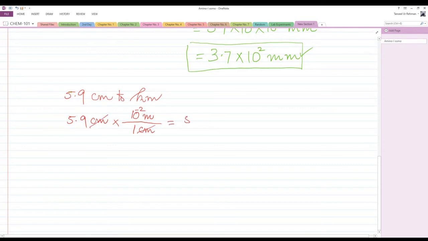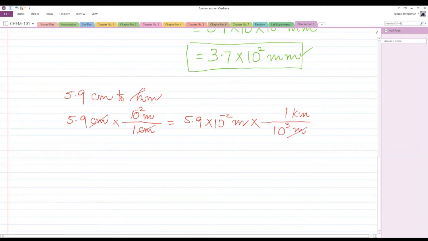What is your answer? 5.9 into 10 to the power minus 2 meter. Now change meter to kilometer. Meter down and kilometer up. We know that 1 kilometer is 10 to the raised power 3 meter. You can find it from the table.